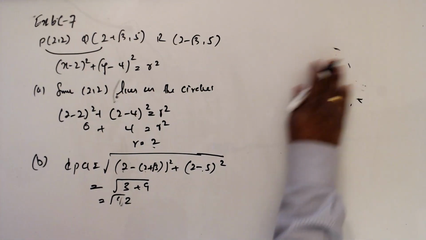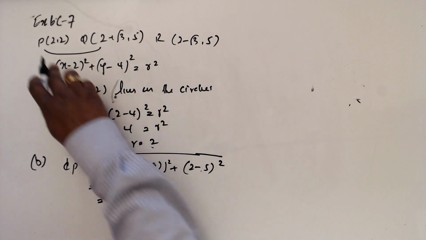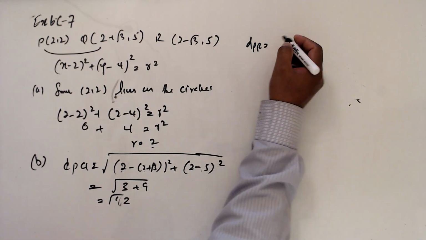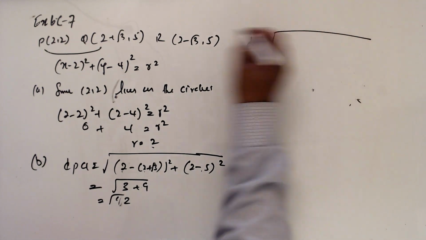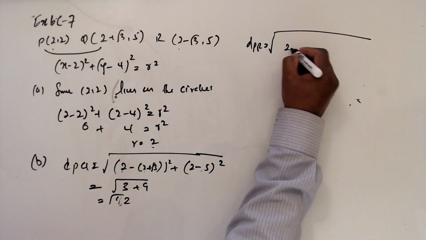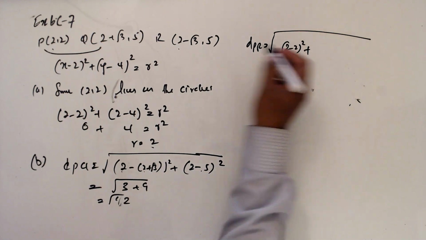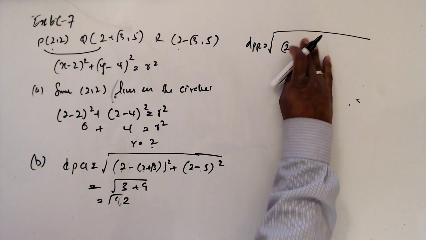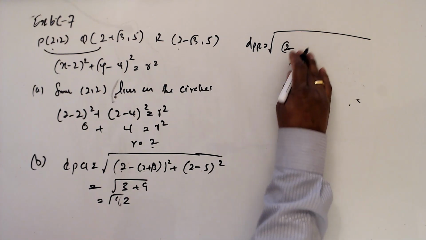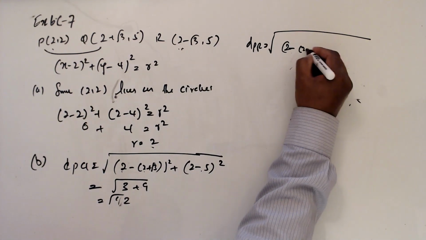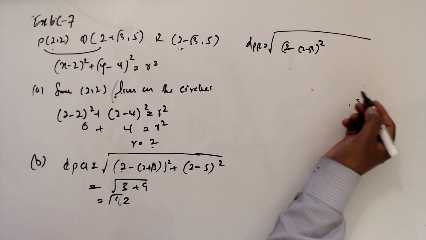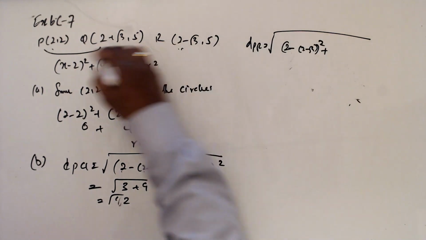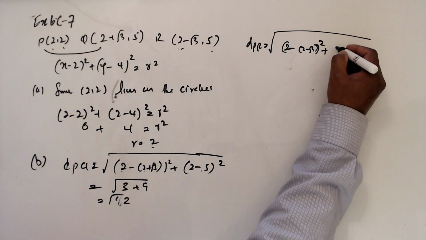Now we'll consider d PR. So d PR is square root of (2 minus 2) square plus (2 minus, this is 2 minus square root 3) square plus (2 minus 5) square.